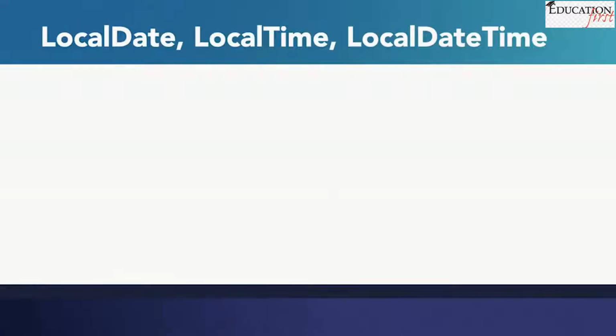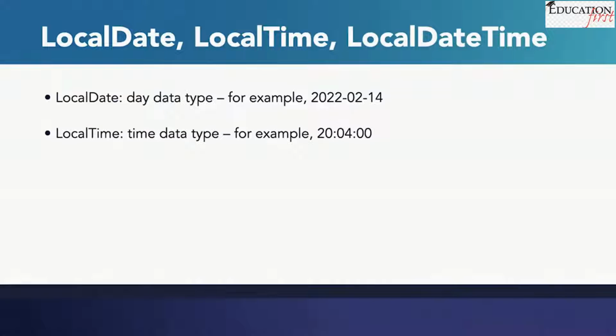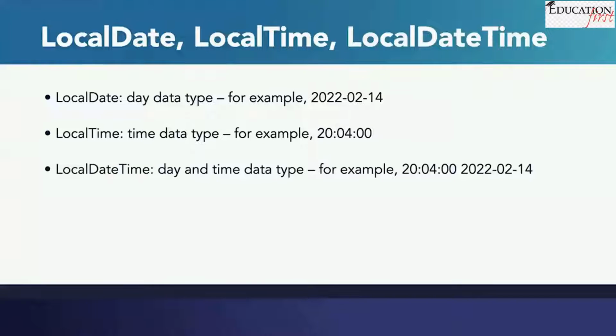First of all, local date, which is the type used for storing a simple date. Also, local time, which, you may guess it, is the type for storing a simple time such as 8:04. And let me blow your mind, local date time. This is for when you want to store a date and a time.